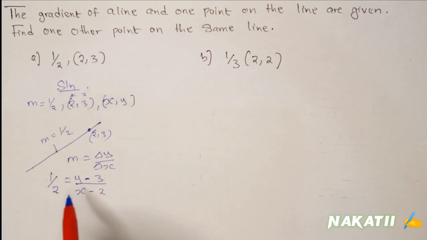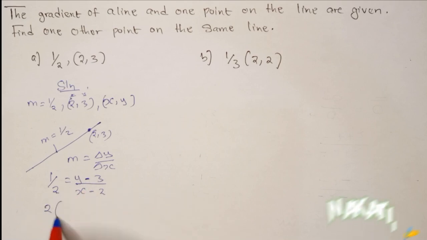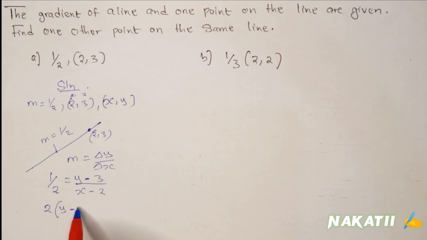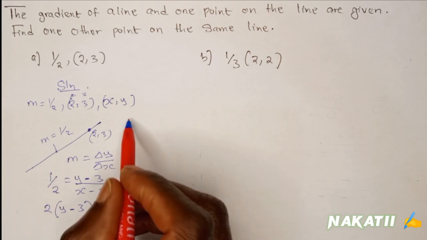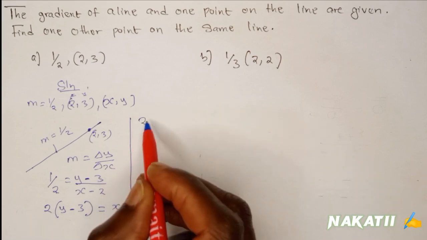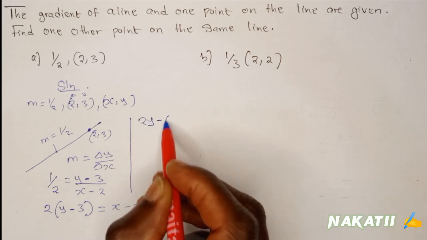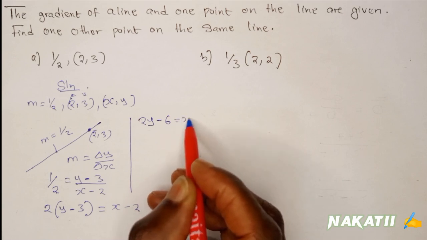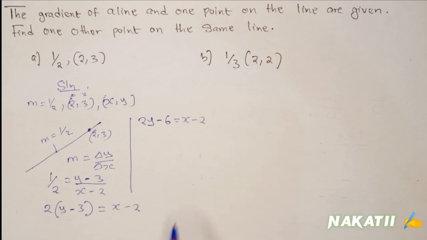Then if you cross multiply, you're going to have 2 into y minus 3 is equal to x minus 2. If you multiply 1 by this value, you just get that value. Simplified, this becomes 2y minus 6 is equal to x minus 2.